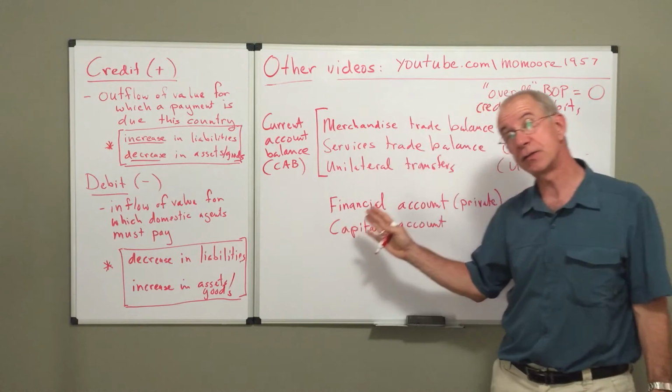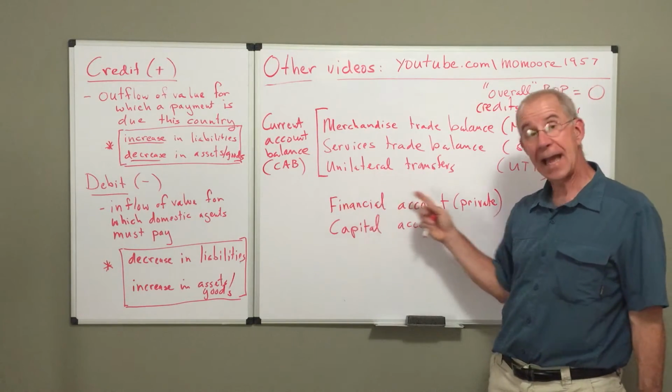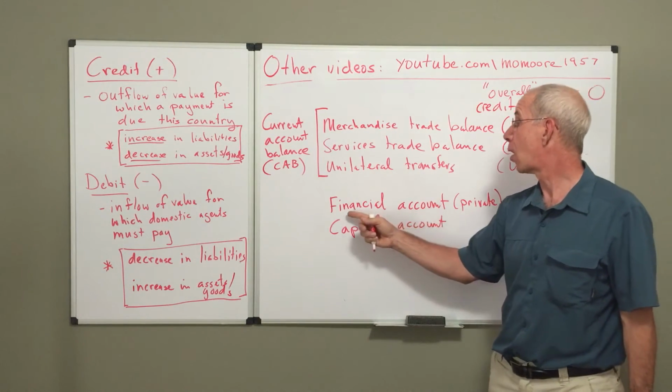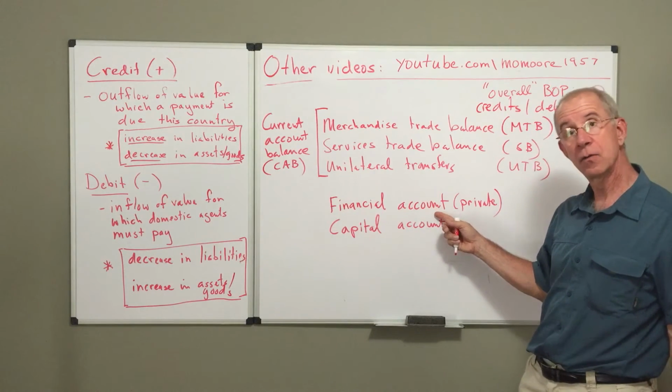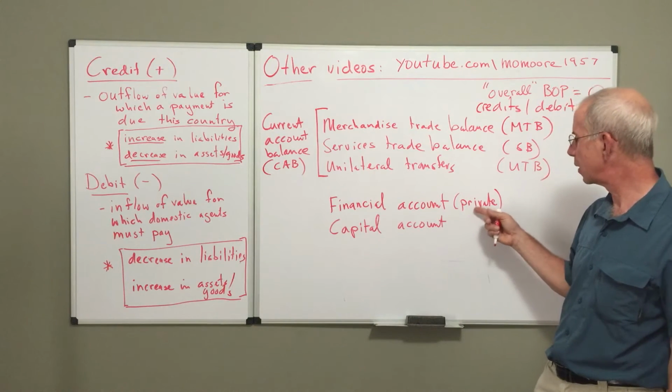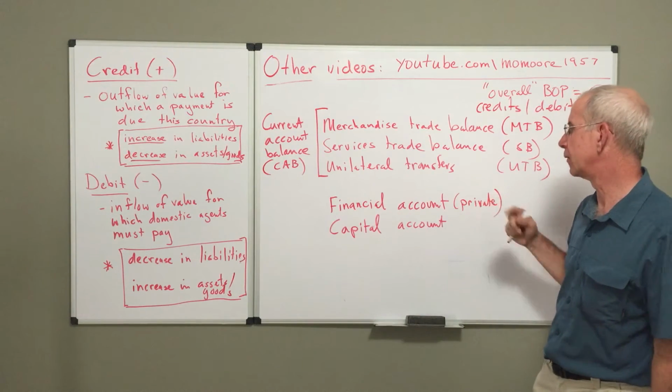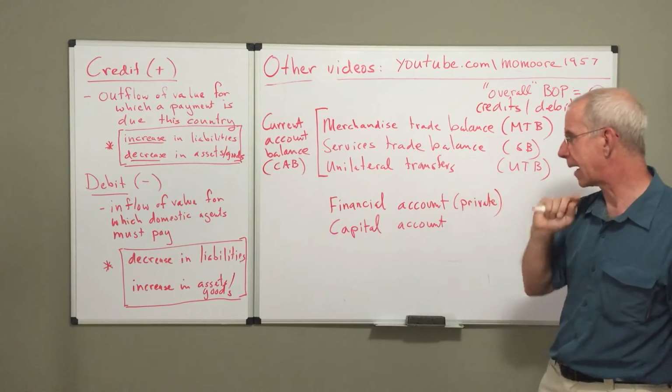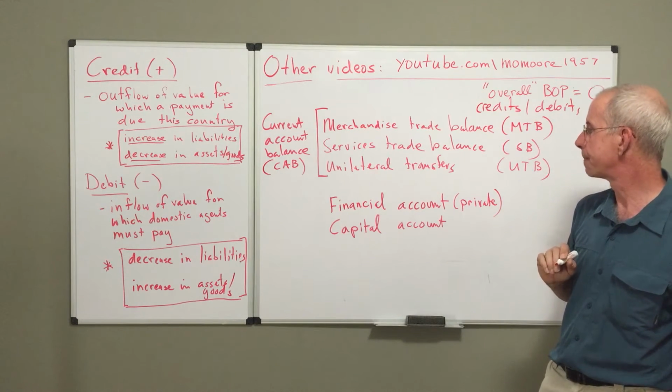And the transactions that occur on the asset side are in what is now known as the financial account. Okay, and this is going to be the private financial account. I'll come back to what that means in just a bit.